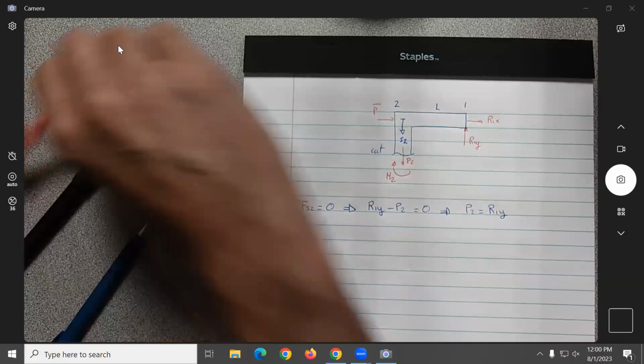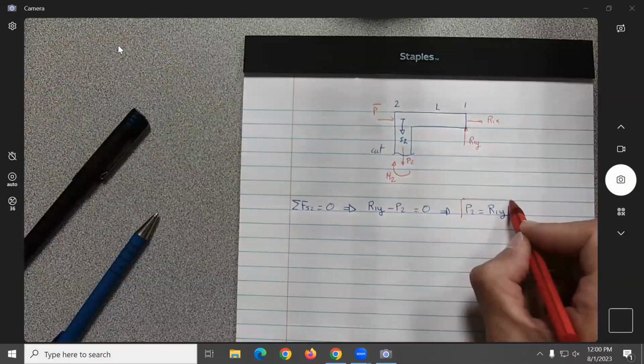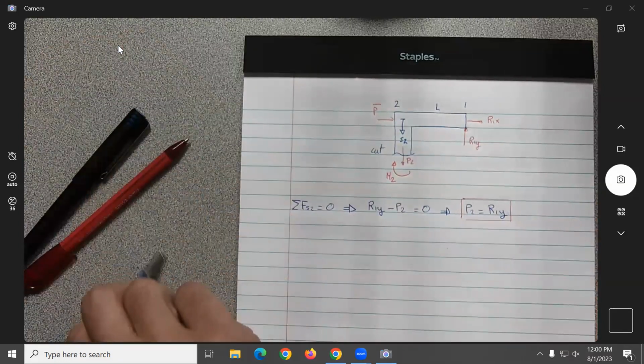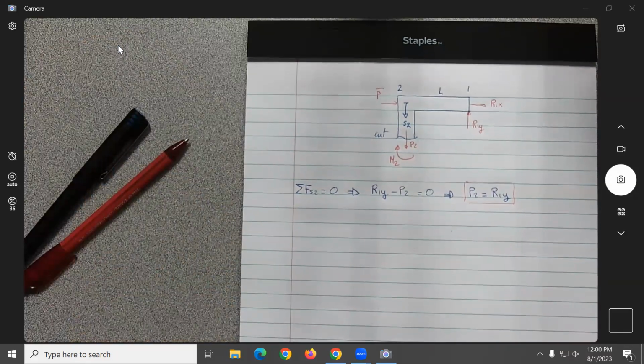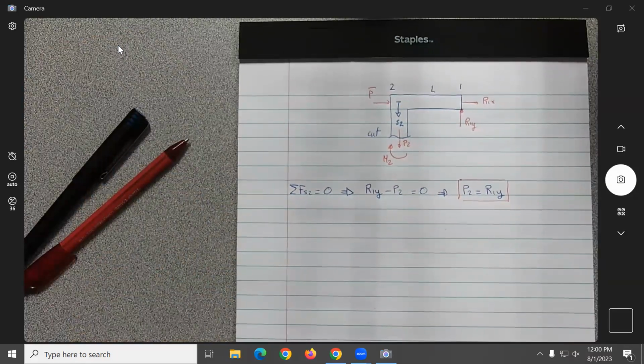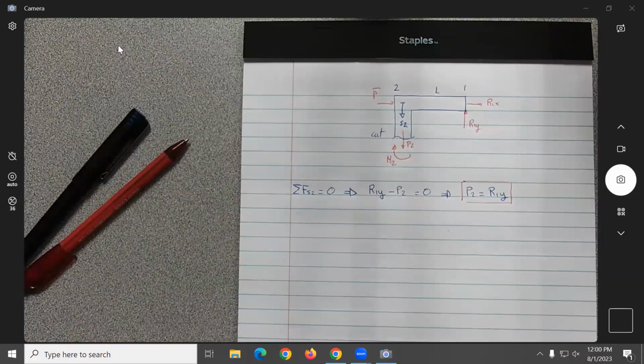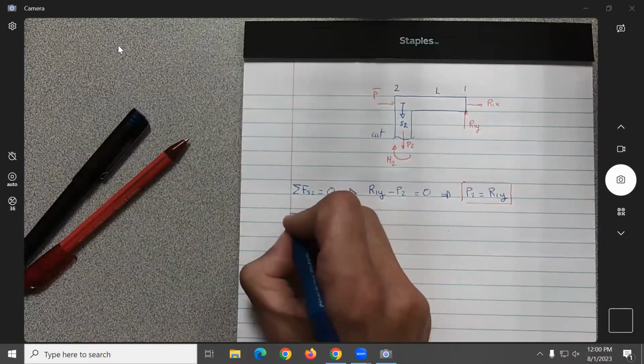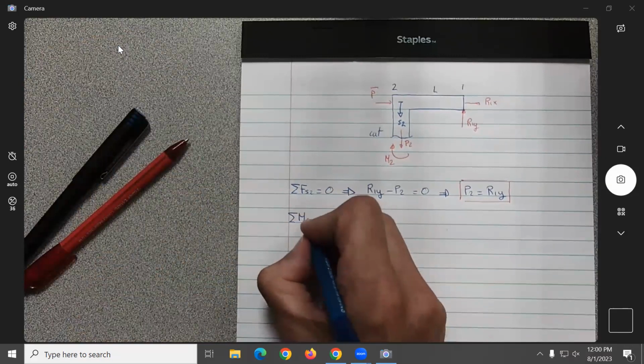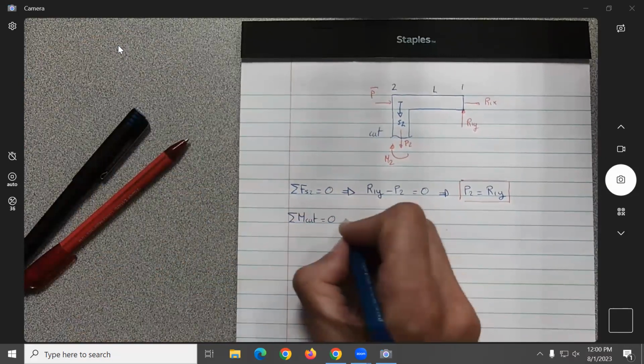R1Y. Okay, and to find M2, summation of moments about the cut.